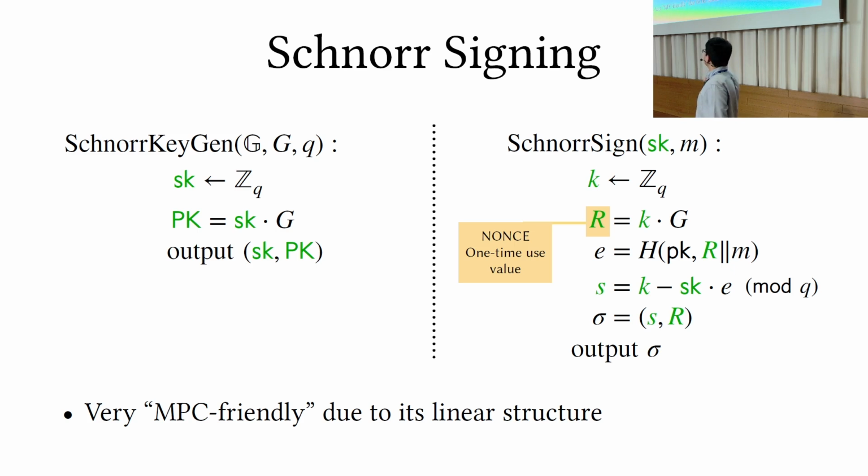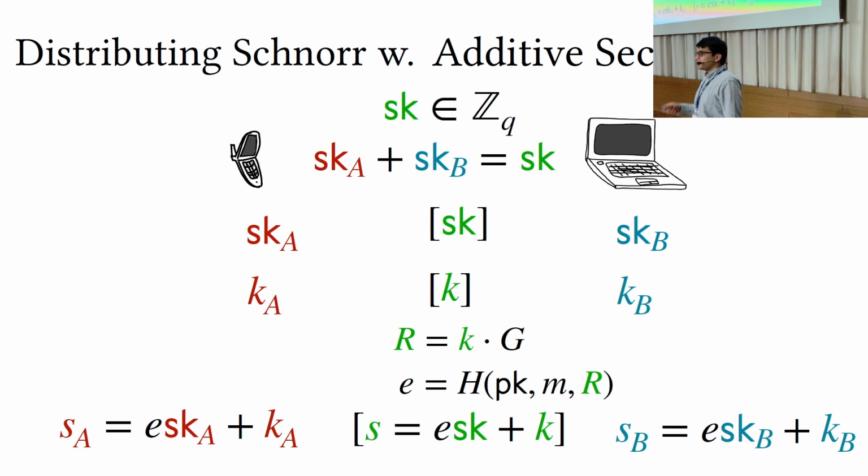And the fact that this signature, the s, is just a linear combination of secrets, it happens to be very MPC friendly. What I mean by this is that if you consider a system in which there are two parties that have secret shares of the signing key and secret shares of the nonce, they can compute the secret sharing of the signature just by simple linear operations on their local shares of the secret.